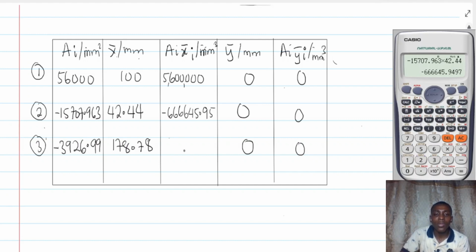And then finally, let's look at the last one, which is going to be minus 3926.99 multiplied by 178.78. So minus 702067.27.